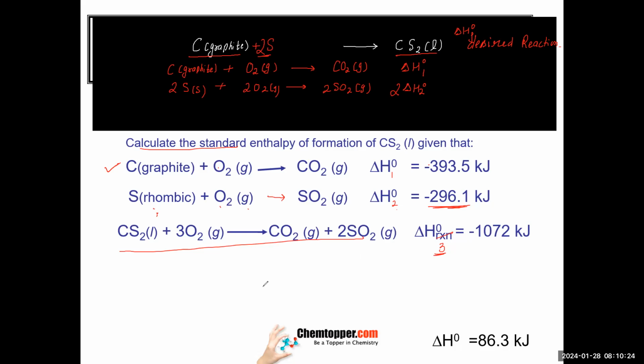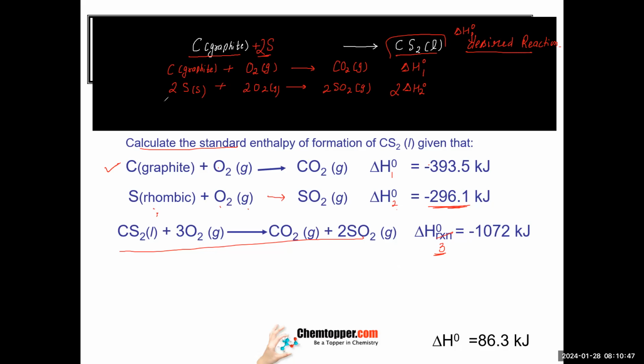Right? But is it on the reactant side or product side? And where do you want it? Come back to your desired equation. Where do you want it? In the desired equation, I want it on the product side. So what should I do? I'm going to reverse the equation.